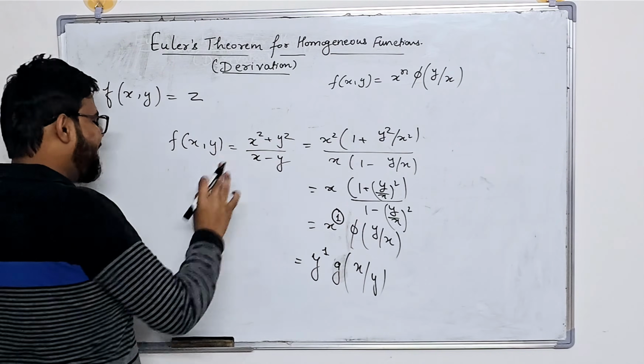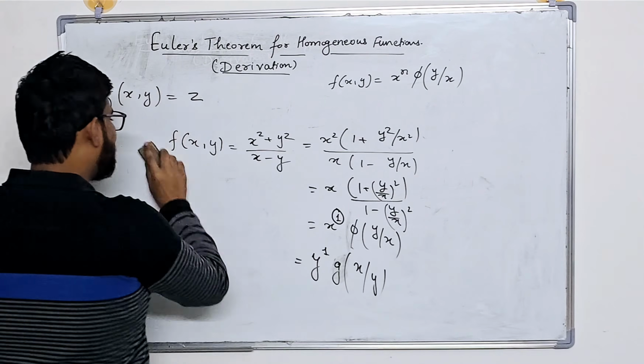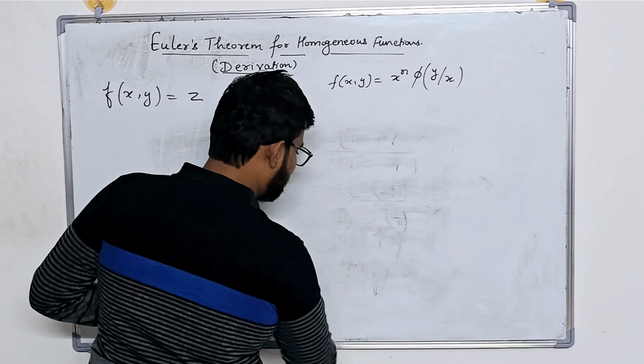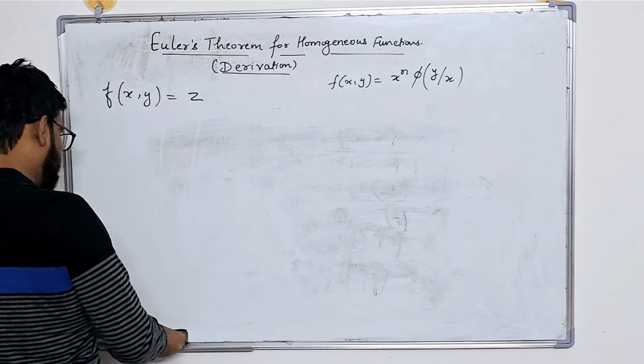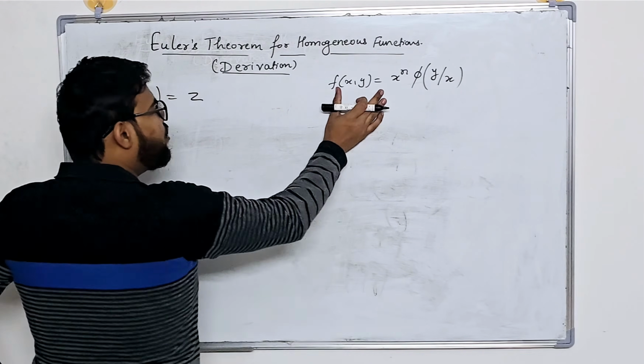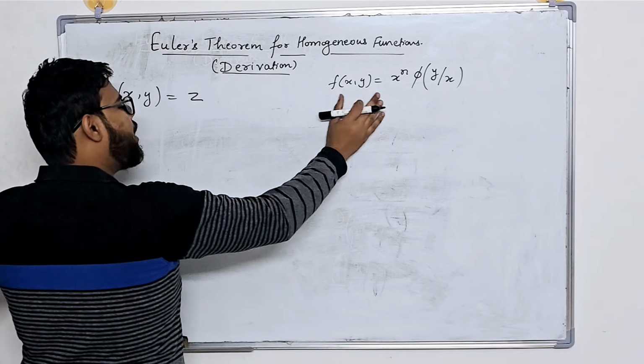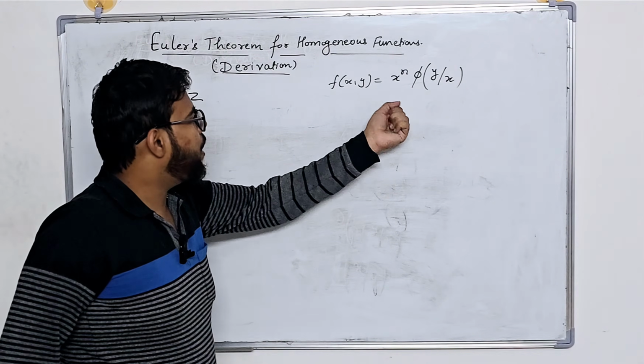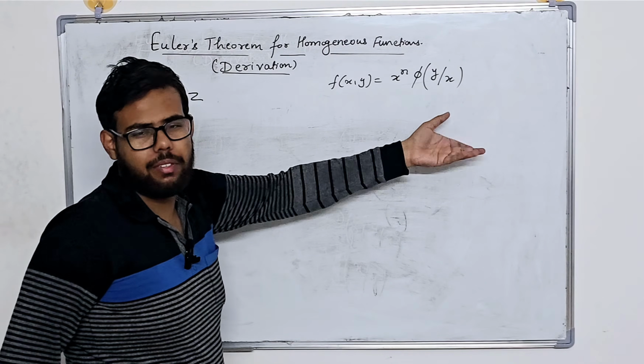Okay, so let's see what we are going to do. Let me erase this. So we know that f of x comma y can be expressed like this. In fact, you could do y to the power n into phi of x by y.